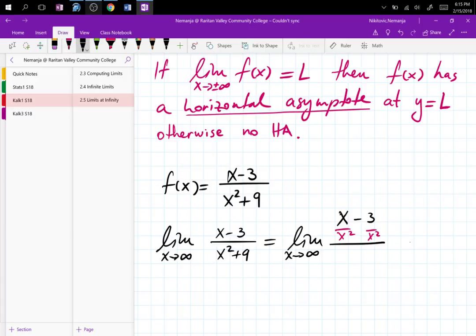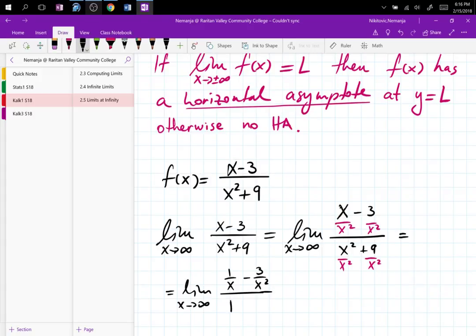Then in the denominator, I have x squared plus 9, and I'm going to divide each one by x squared. So I'm dividing by the highest power that is available in the entire problem, which is x squared. So now this is equal to the limit as x goes to infinity, and now just use the algebra: 1 over x minus 3 over x squared, divided by 1 plus 9 over x squared.